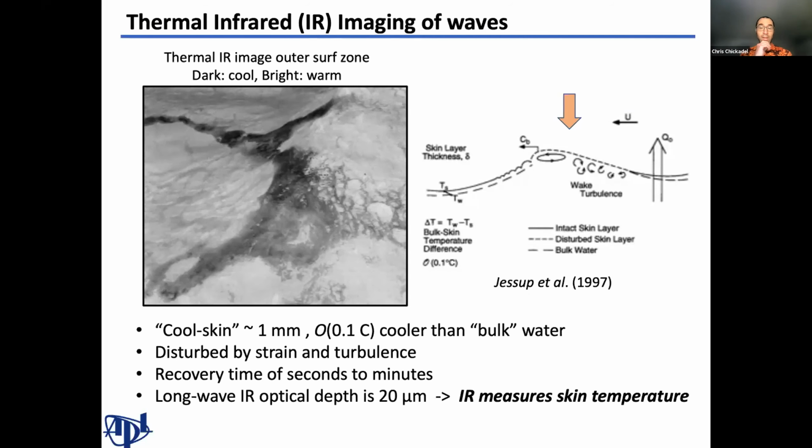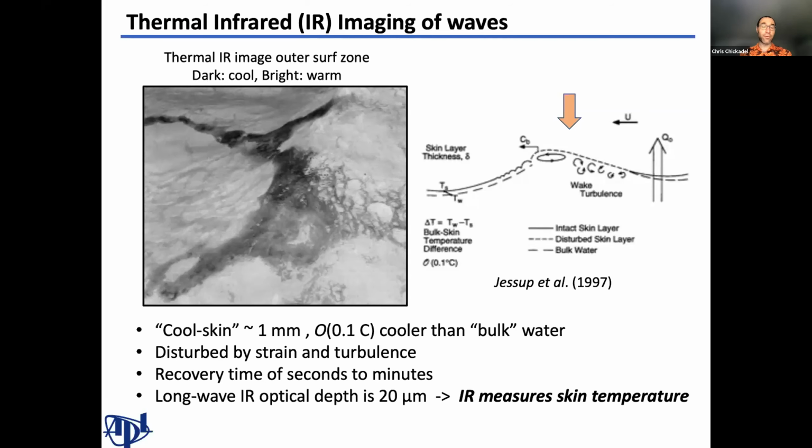In the upper right, this cool skin is denoted by this dashed line below the free water surface, and there's a breaking wave represented in the middle here. This thin skin, which is the viscous layer, is about 1 millimeter thick, and it supports a temperature gradient that cools towards the air-sea interface because of the outward heat flux from the ocean to the atmosphere.